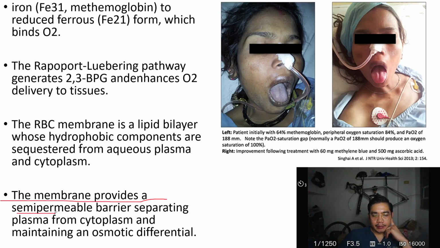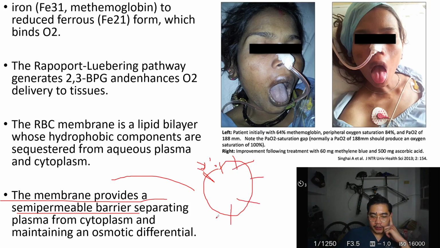The membrane is semi-permeable, meaning what is semi-permeable? So semi-permeable simply means in your RBC membrane, it's charged. There is a charge in the membrane. So ions cannot freely move inside because there's a charge.